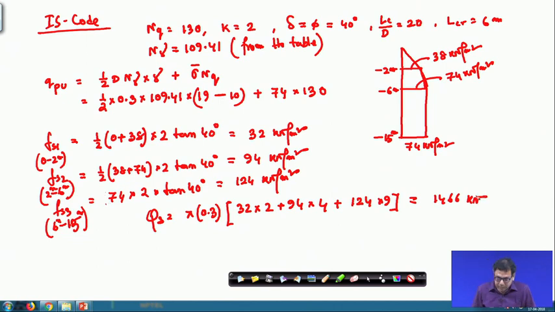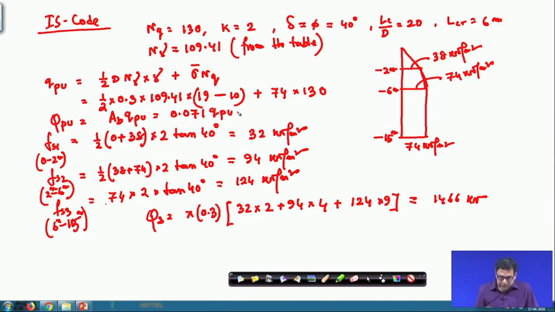Okay. So, finally, we have to add these two values: Q_pu, that is A_b into Q_pu. So, A_b is 0.071 into Q_pu.